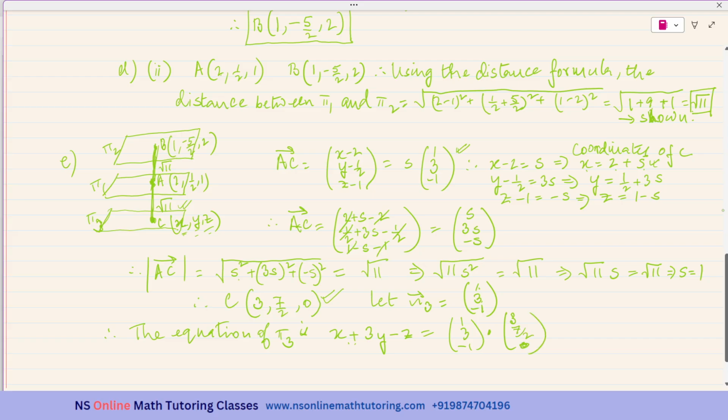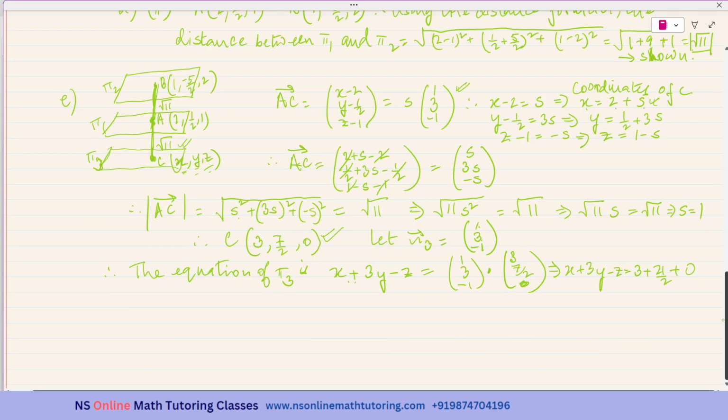Okay, so this is x plus 3y minus z equal to 1 times 3 is 3. 3 times 7 over 2 is 21 over 2. And minus 1 times 0 is 0. So this is x plus 3y minus z equal to 3.